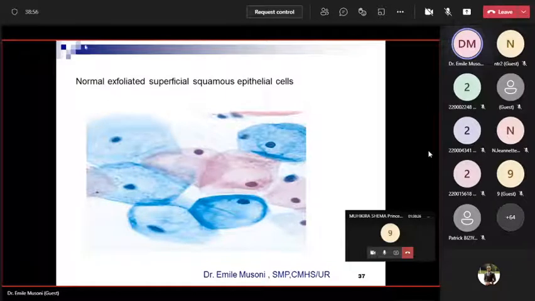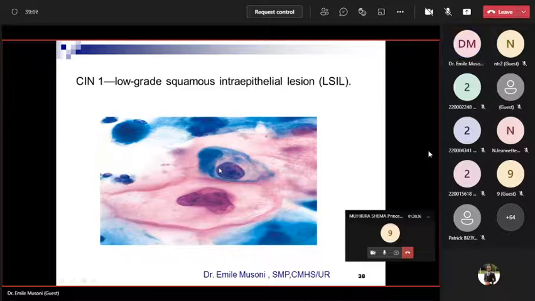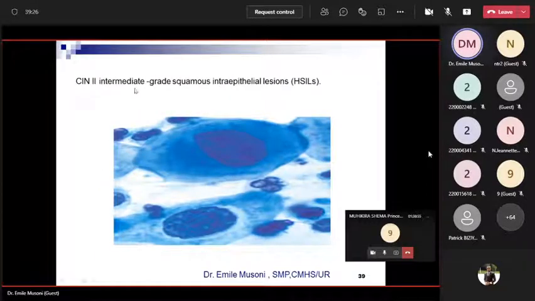We have seen it. This one is exfoliated superficial squamous cells. You see these squamous cells, intermediate, and see this one, superficial. CIN1, in cytology we call low-grade squamous intraepithelial lesion. CIN2 is intermediate or high-grade squamous intraepithelial lesion.